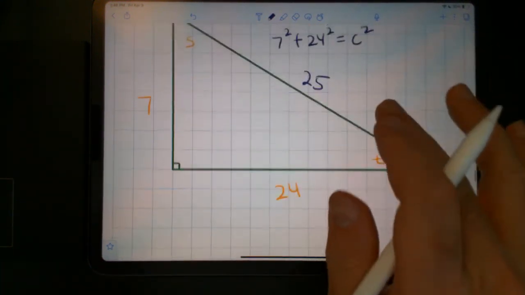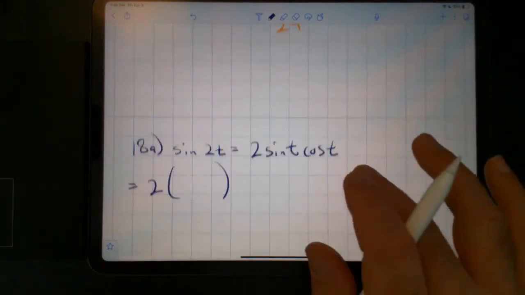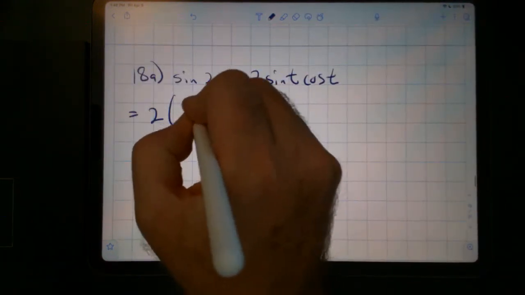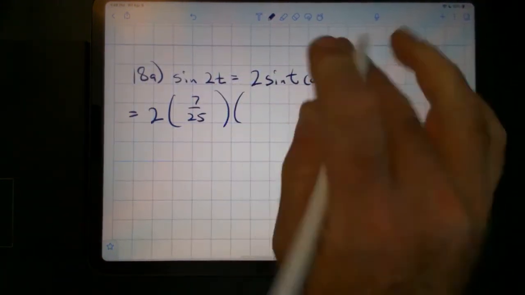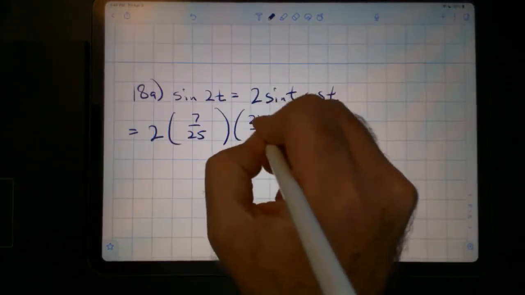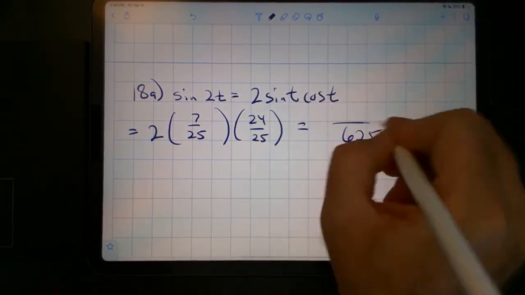Let's see, that one's finished. So sine of t is going to be 7 over 25, and then times cosine of t is 24 over 25, which will be 625 in the denominator.